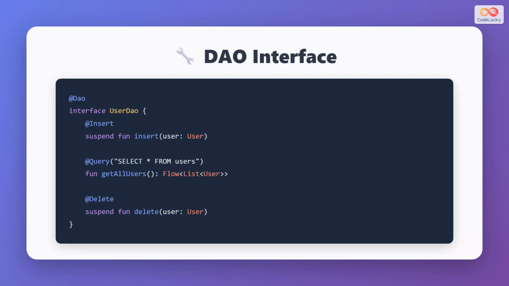The data access object, or DAO, is where we define all our database operations. A DAO must be either an interface or an abstract class, and we mark it with the @Dao annotation. Room provides convenient annotations for common operations. The @Insert annotation automatically generates the code to insert a user into the database. Notice we are using a suspend function, which means this operation can be performed asynchronously using Kotlin coroutines.